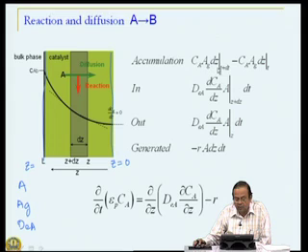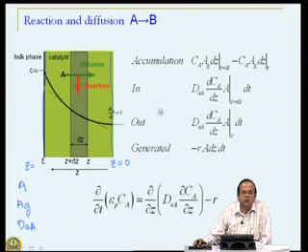So, this is the mass which is present at time t plus dt, and the same quantity Ca Ag dz at time t, that is present at time t. The difference between the two tells me how much mass has accumulated in this cross section, small section of this catalyst pellet.